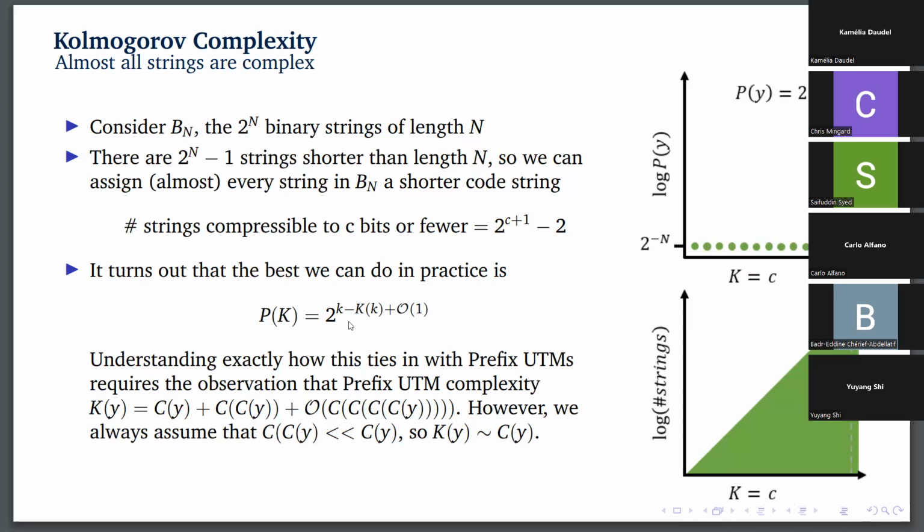What do you mean by the best we can do in practice, I guess? So it's like if you have a Turing machine, because of self-delimiting codes and the problems with properly decodable codes, you can't use this sort of compression scheme on Turing machines.